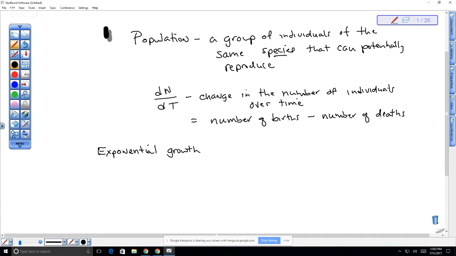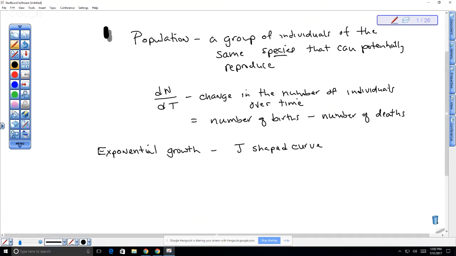So one individual can double and produce two individuals, so they don't have to reproduce sexually. They can just double by dividing themselves. And so exponential growth has a particular shape, and this is a J-shaped curve. And this is different from other types of growth where we have an S-shaped curve.